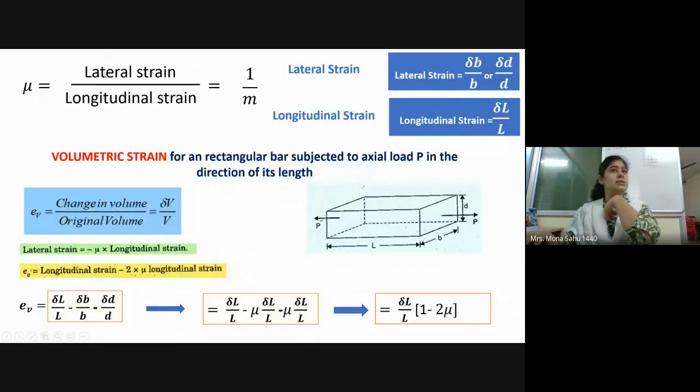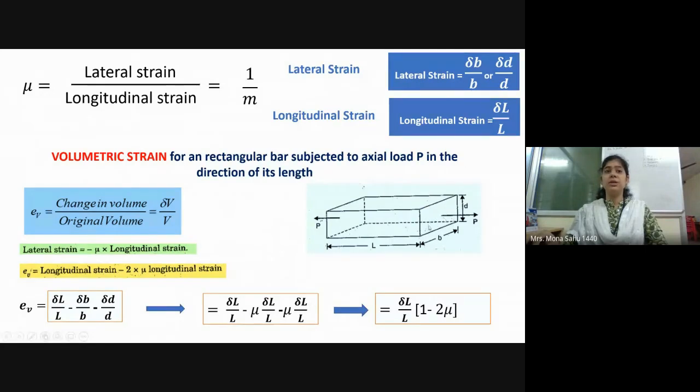What is lateral strain? Now see this particular block. You have the length L, breadth B, and depth D. You have load P in this direction, that is the x-axis. The load is acting on this plane.